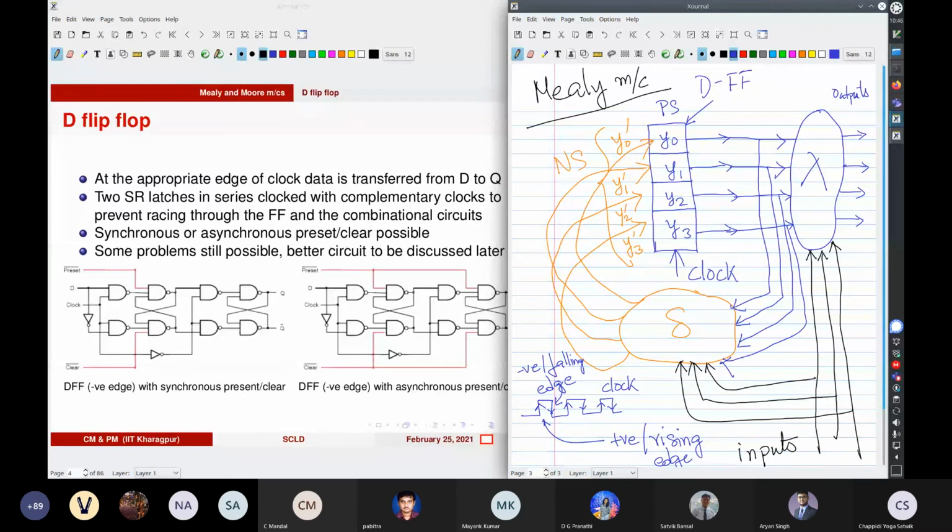So these flip-flops, as you can see, are the heart of a finite state machine, because these are the states of the machine. These are the state bits of the machine. And the rest are combinational circuits.